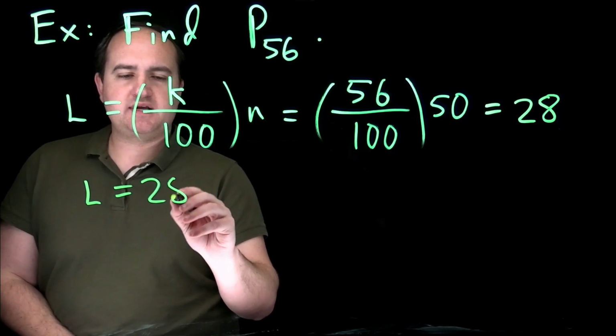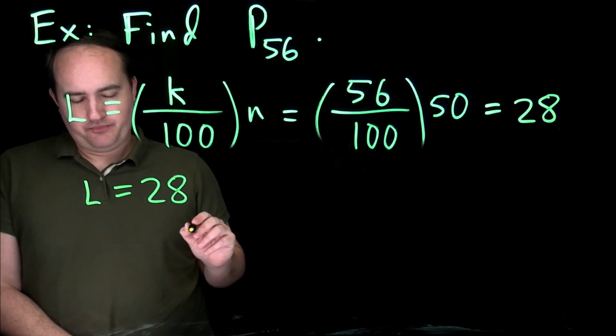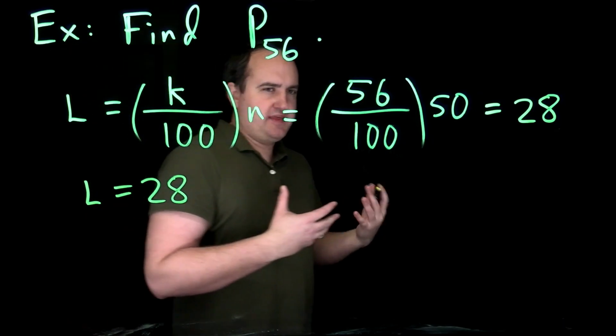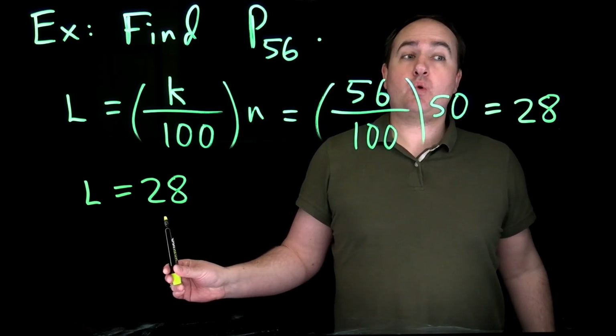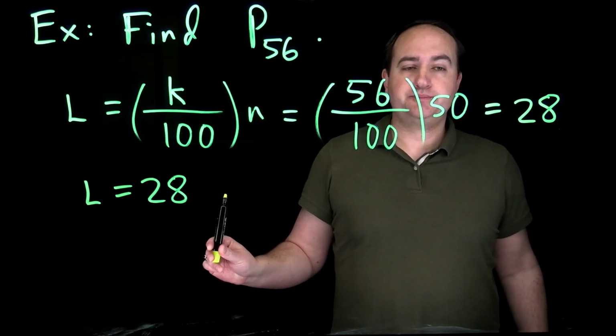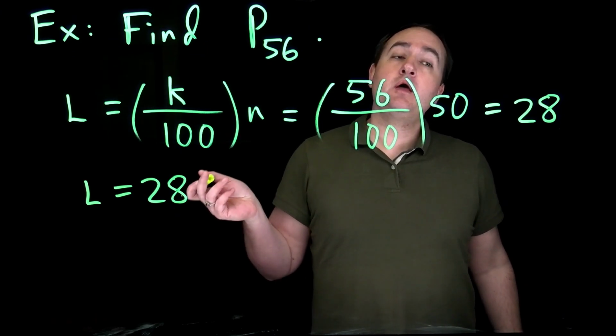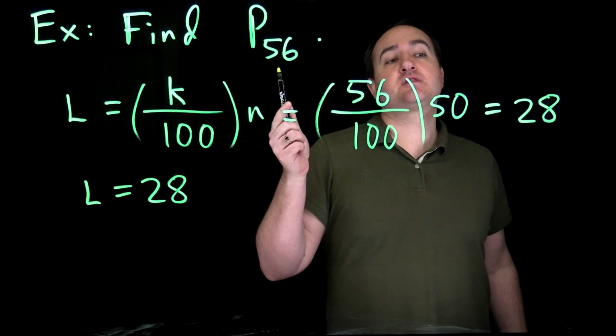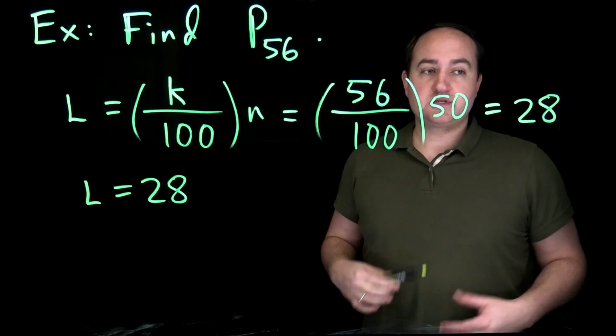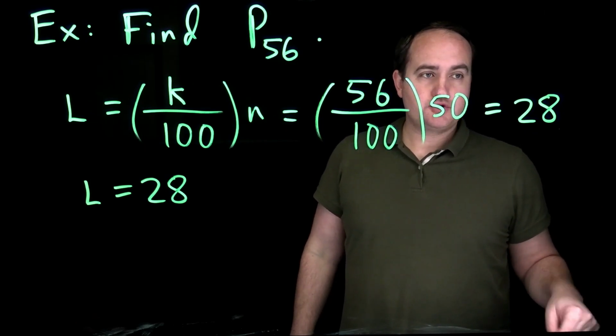So L equals 28. So the thing is, 28 is not a decimal. So 28 is actually a whole number. So let's see how we would go ahead and find the data value corresponding to the 56th percentile. So once again, we're going to return to the flowchart.